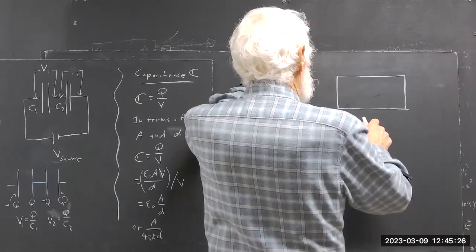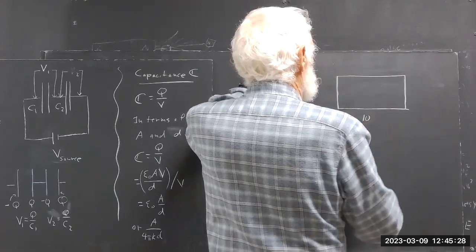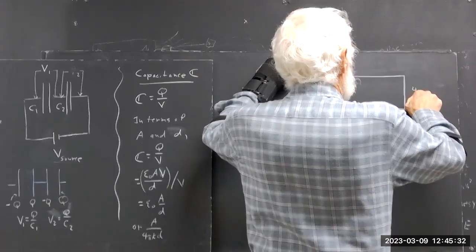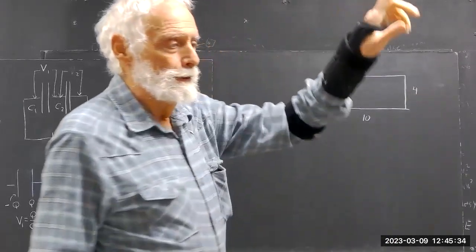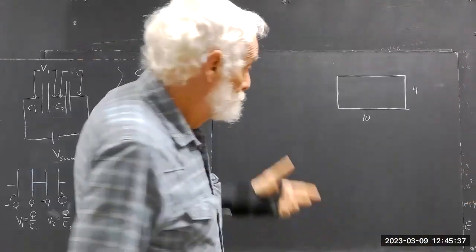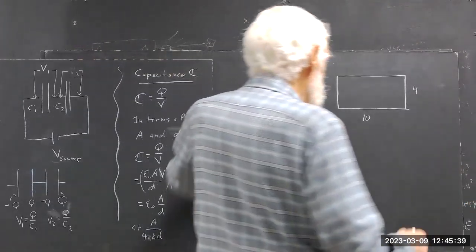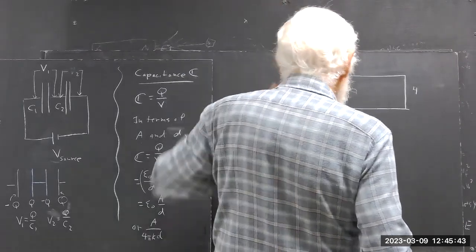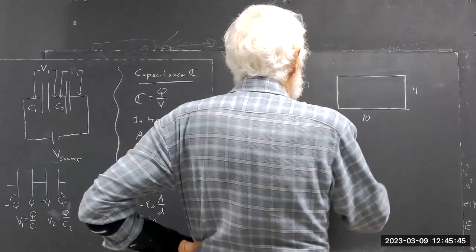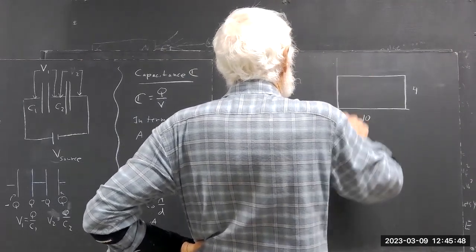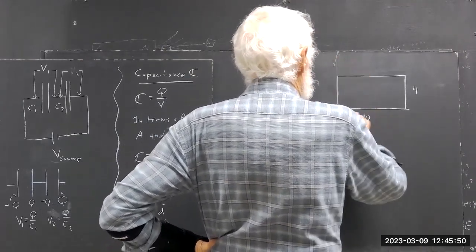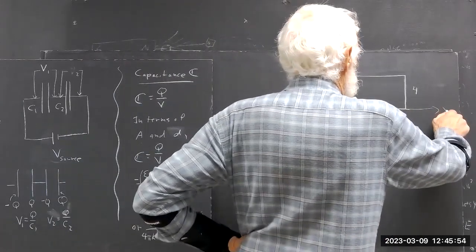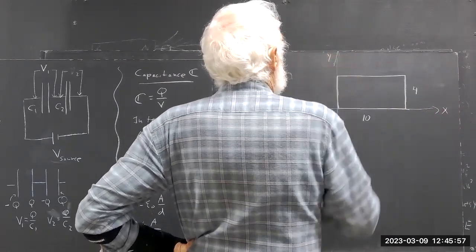Let's say this rectangle is 10, maybe in centimeters, by 4. Now it doesn't represent what I just showed you, although we could suggest something there. And let's say we put this rectangle on a set of X, Y coordinate axes.